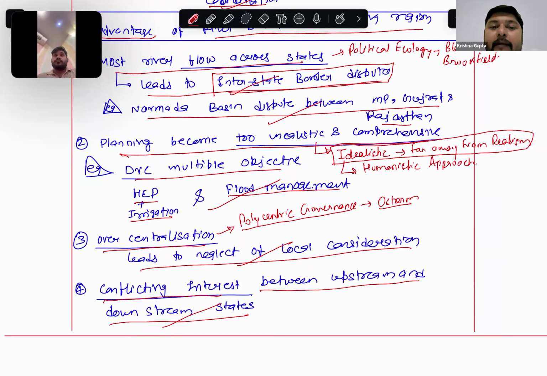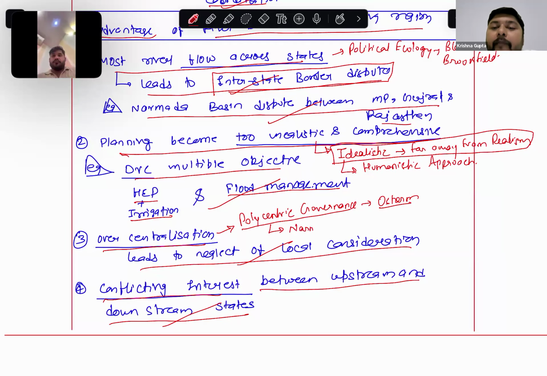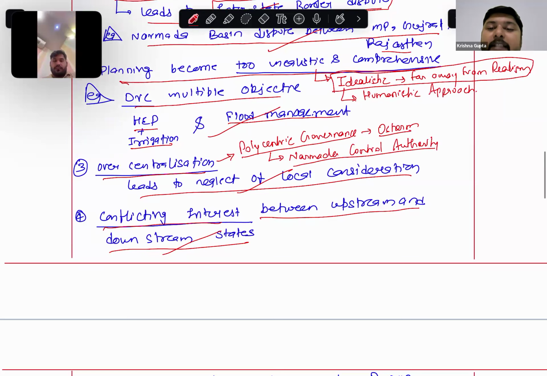For example, like अगर नर्मदा की बात करें तो there is a Narmada Control Authority. But it is overlying with the various other functions also. बहुत सारे अलग bodies के साथ में भी powers coincide कर जाते हैं. Okay, then conflict of interest between the upstream and the downstream states also.